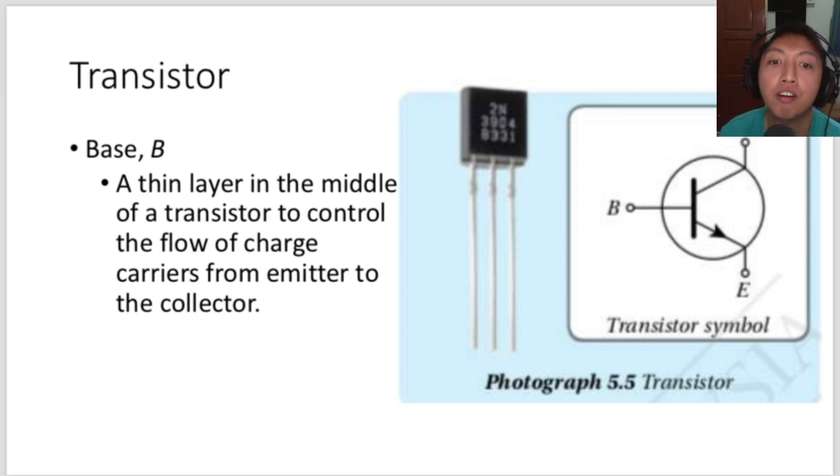The condition is, for electricity to flow from C to E, B must also receive an electric current. If the base does not receive an electric current, then even if you connect C and E to a circuit, it will not flow. Okay, that's the basic function of a transistor, all right?